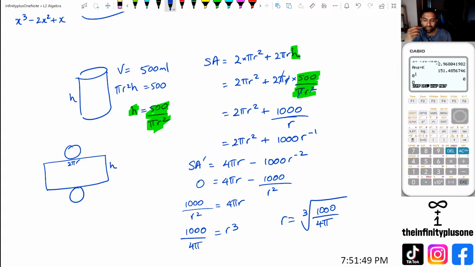If it doesn't give you units, Jordan, I don't think units matter. Oh, I think I know what stumped you guys. Because remember, 1 mil equals 1 centimeter cubed. So 500 mils will be 500 centimeter cubed. So then the area would be centimeter squared.